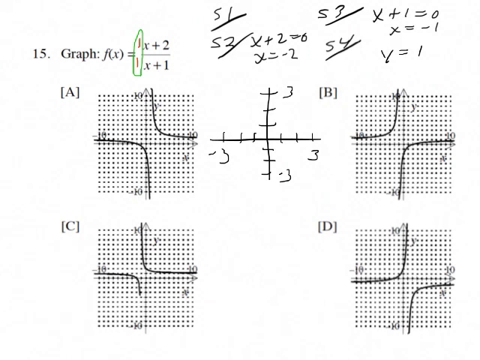So first of all, x equals negative 1 is going to be my vertical asymptote. Make sure you label it, x equals negative 1. The horizontal asymptote is going to run through here at y equals 1, so make sure you label it.